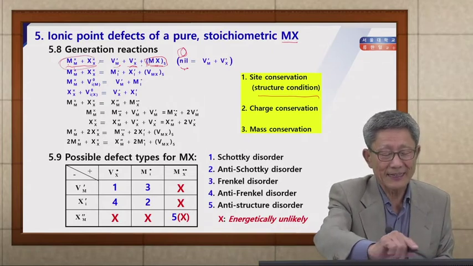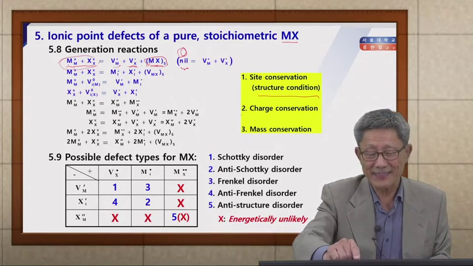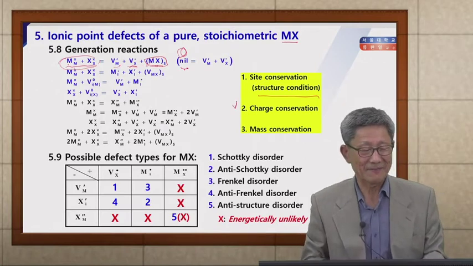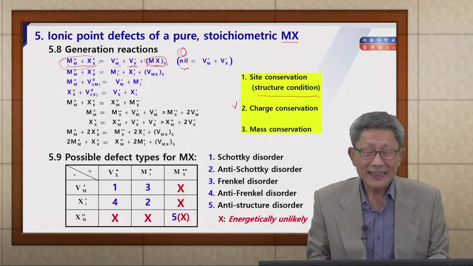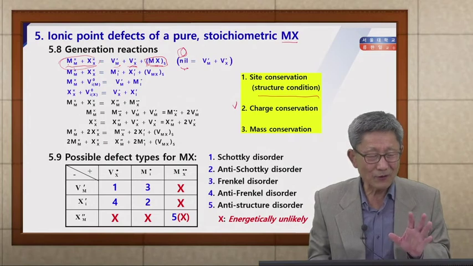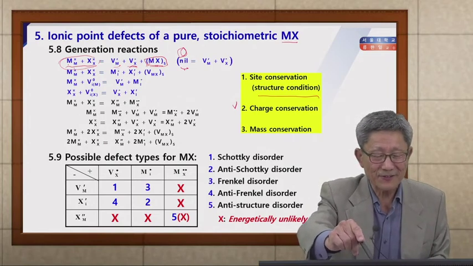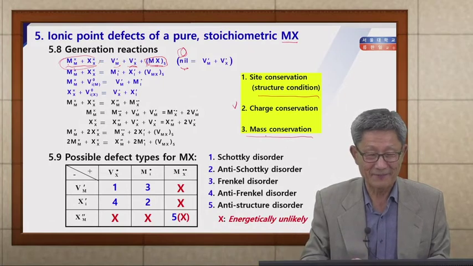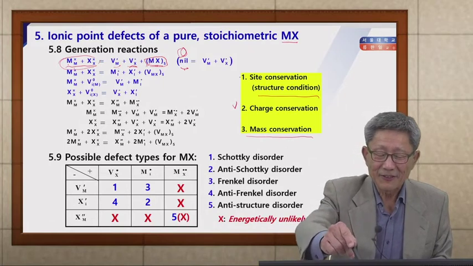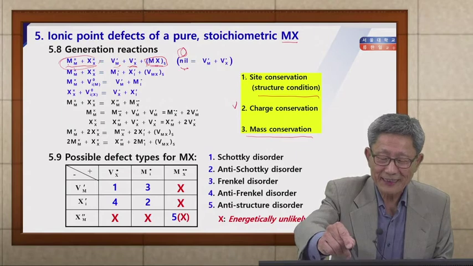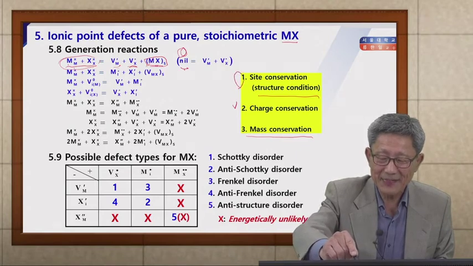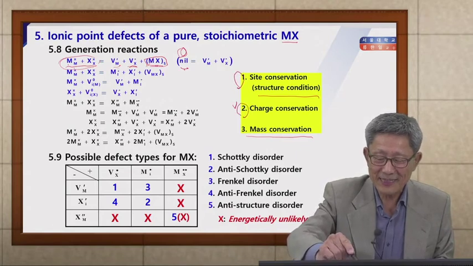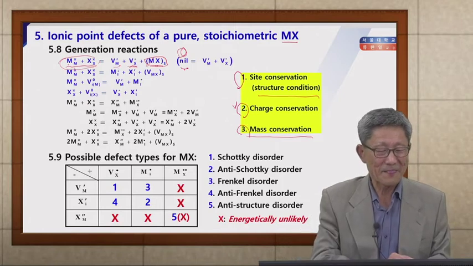And on the right-hand side, the charge is 0. Therefore, charge conservation is satisfied. Similarly to the normal chemical reaction equation, actually a third condition should be satisfied, mass conservation. It's quite obvious. So normally we have to check number 1, the site conservation, number 2, charge conservation, and the mass conservation.